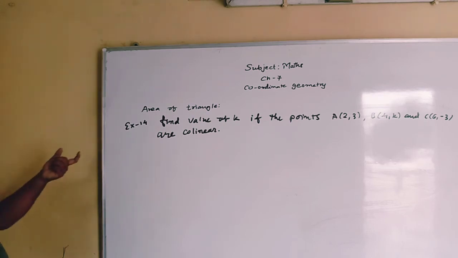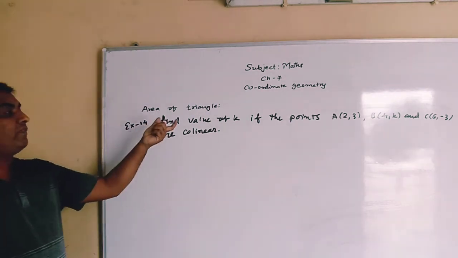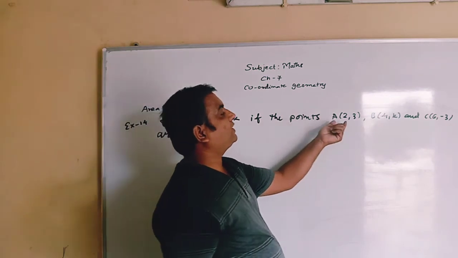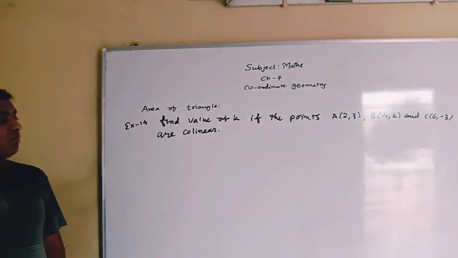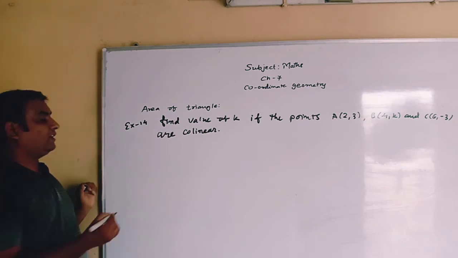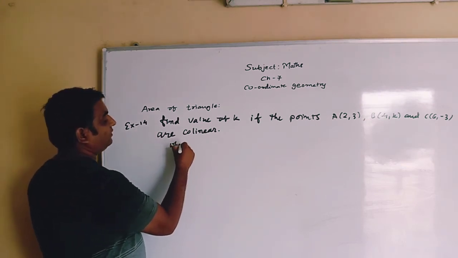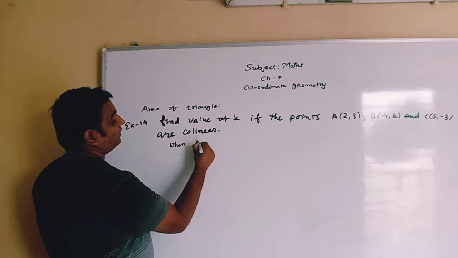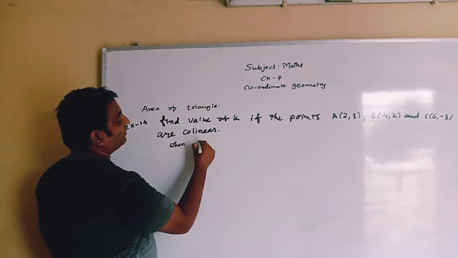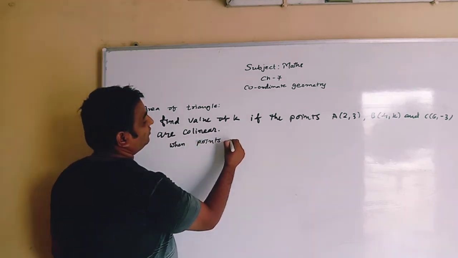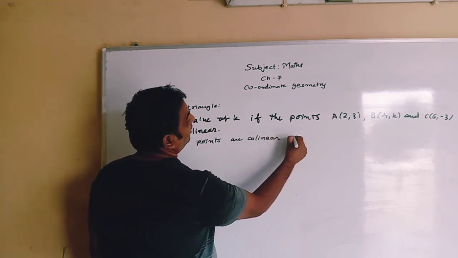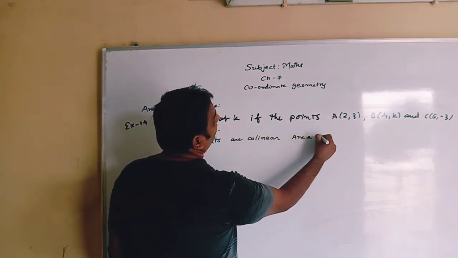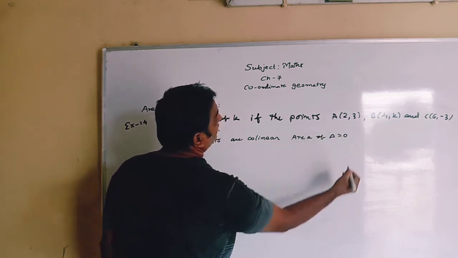Now example 14 we have: find the value of k if the points A(2, 3), B(4, k) and C(6, −3) are collinear. So we know that when the points are collinear, the area of the triangle equals 0.